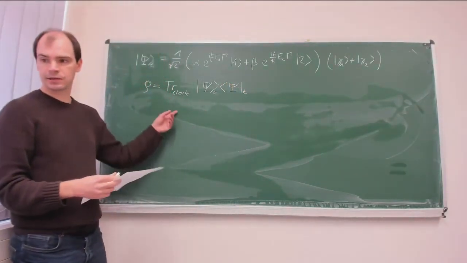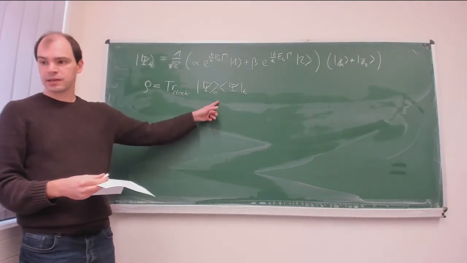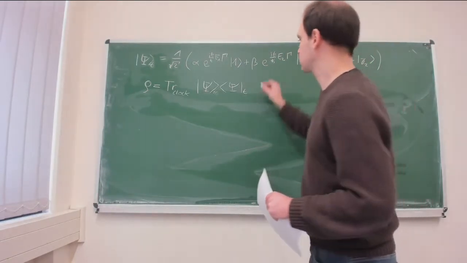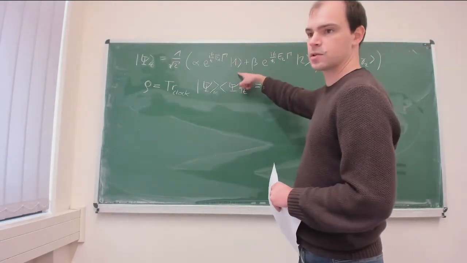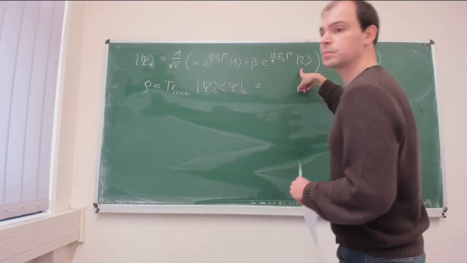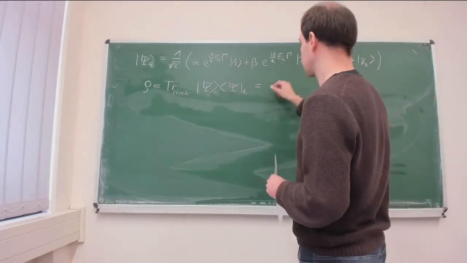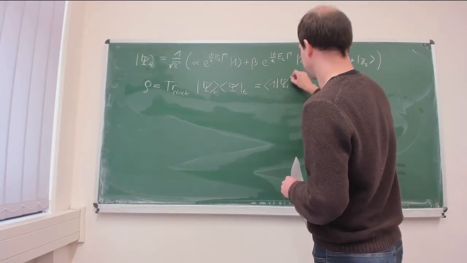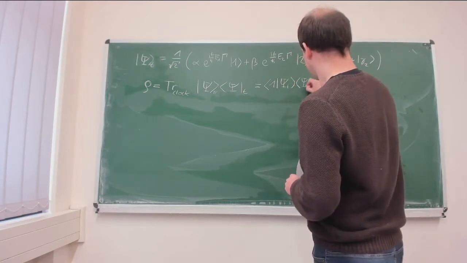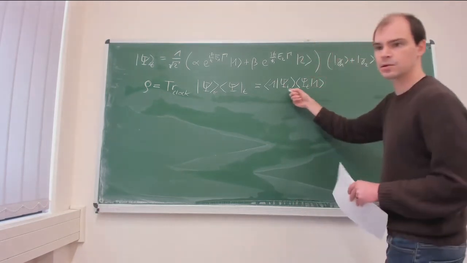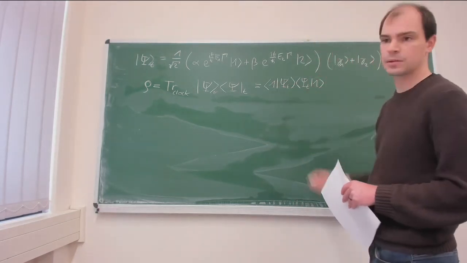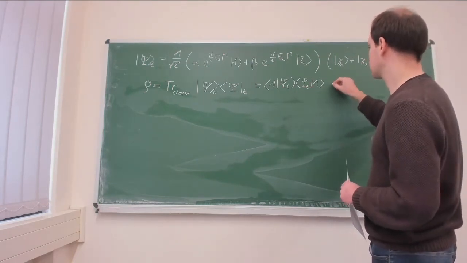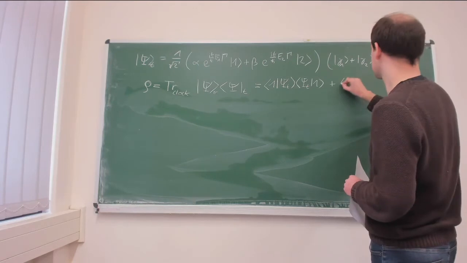So we need to calculate the trace of the pure state density matrix that belongs to psi t. We have to trace over those two states. 1 and 2 are the two possible clock states. So we get this term, the projection of 1 on psi 2 times the complex conjugate, plus the same with the state 2.